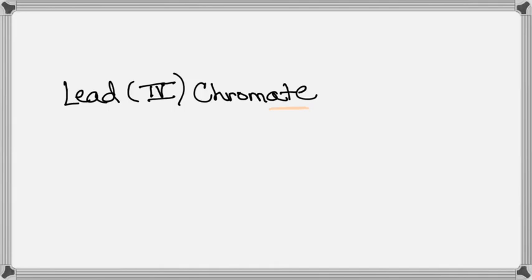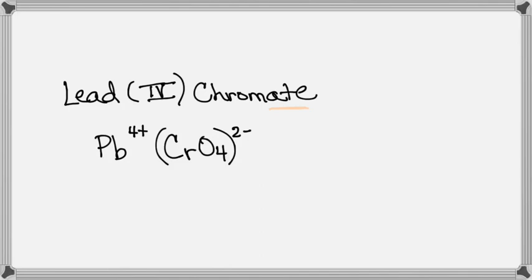So let's start with lead. Lead is Pb, and its charge is a 4+ because of the Roman numeral. Chromate, I'm looking off of my sheet. Chromate is CrO4 with a 2- charge. And again, I'm going to throw my parentheses around there.